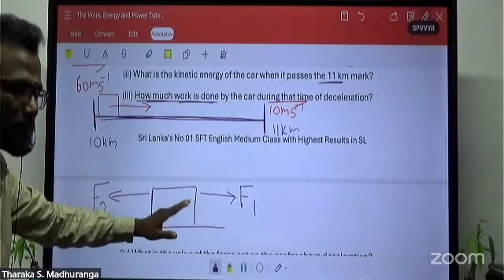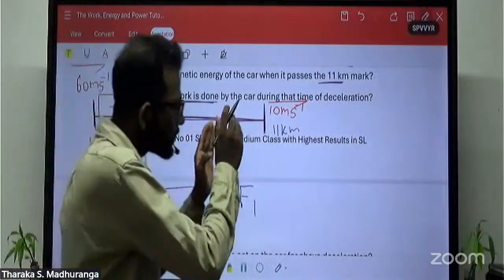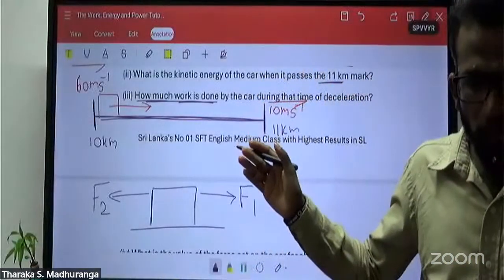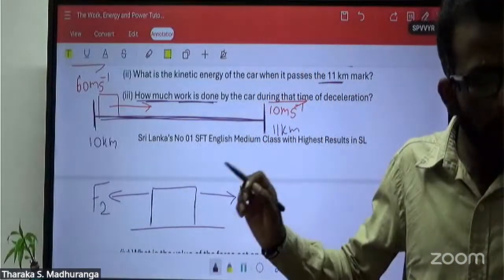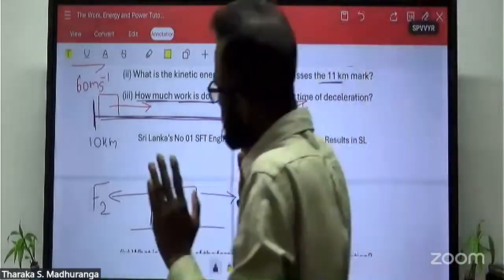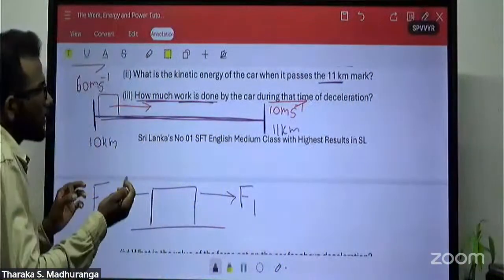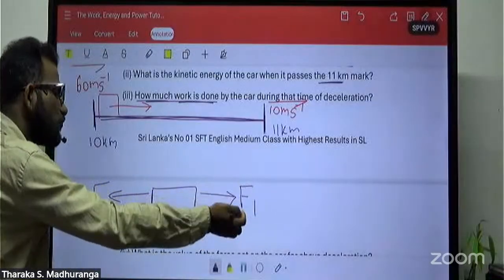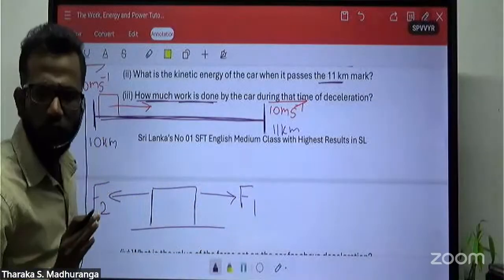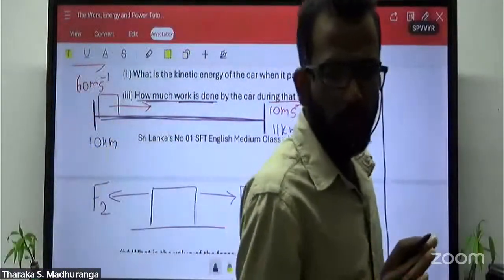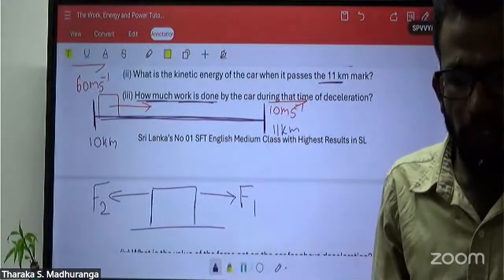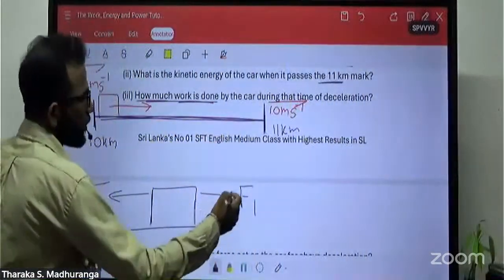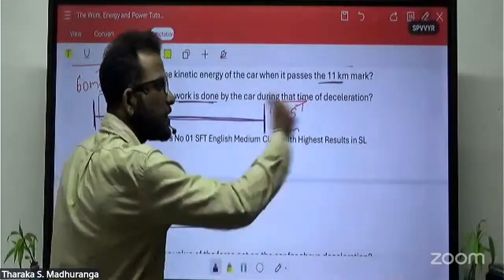If it is a deceleration from the 10 kilometer mark to the 11 kilometer mark, is the external force acting in the right side direction F1 or the left side direction F2? Very good, F2 direction, because if it were an F1 direction external force, it would be acceleration.